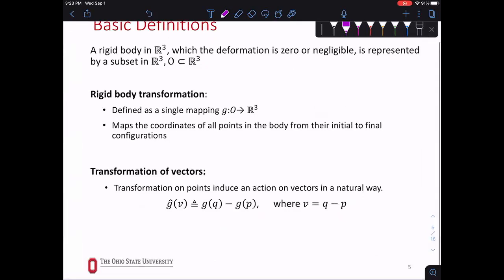And we can represent it as a set of points in R3, all elements of R3, right? Now, it's a single mapping, G, or whatever you want to call it, that maps all the coordinates of the body frame to a frame. Now, since you have a rigid body, you don't have to track all the points.